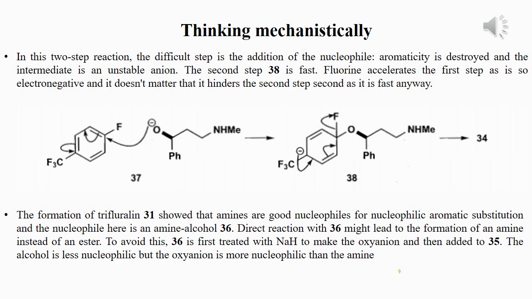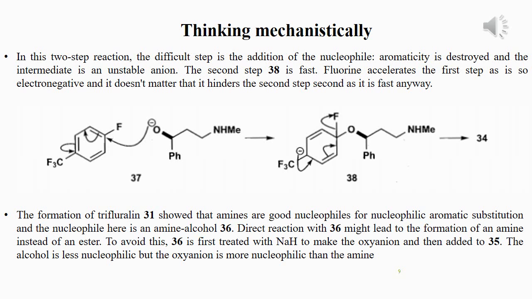Now, this is a two-step reaction. I have explained a bit in the previous slide. The difficult step is the addition of the nucleophile. The aromaticity is destroyed when the nucleophile is added, and the intermediate is an unstable anion.